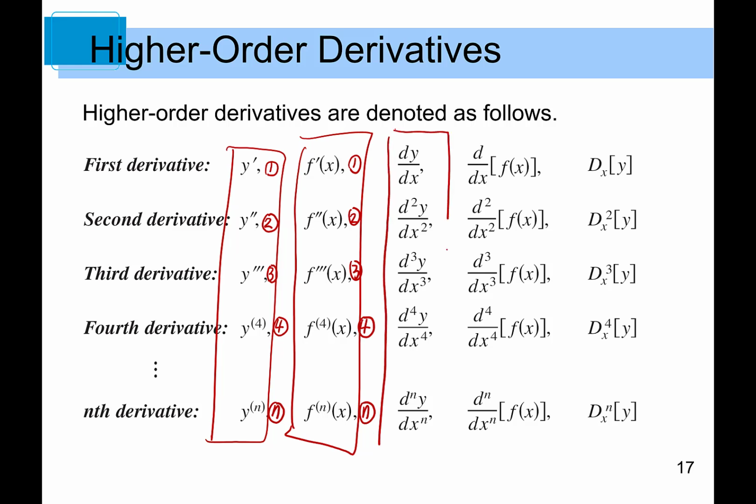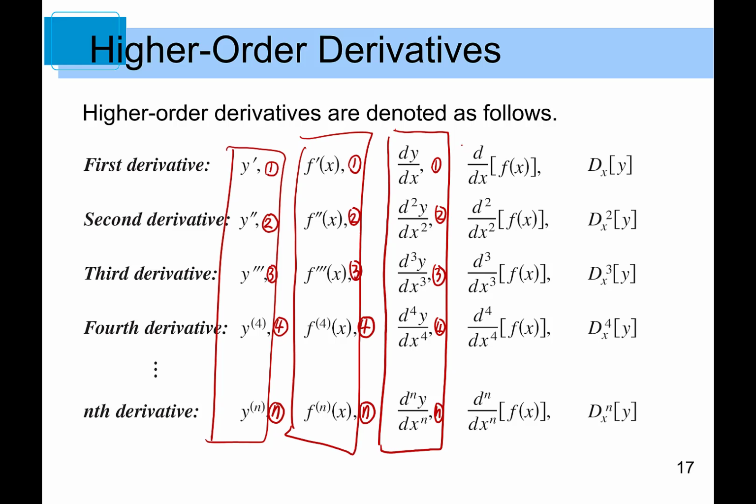Third way: dy over dx, the first derivative, d squared y over dx squared, the second derivative, d cubed y over dx cubed, the third derivative, d to the fourth y over dx to the fourth, the fourth derivative, and d to the n y over dx to the n, the nth derivative.